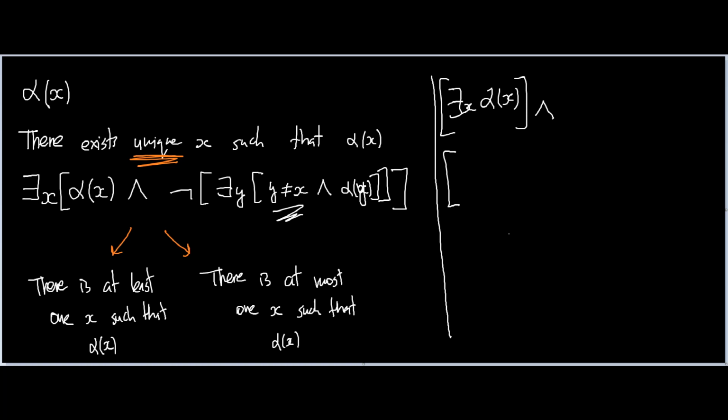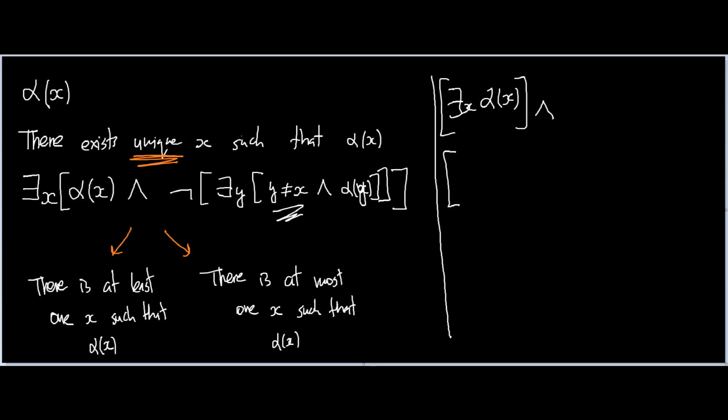The existential quantifier doesn't seem to be applicable here, because we're not really saying that there exists an x at all. We're saying that there is at most one x, it doesn't mean that there is one at all. That part is taken care of by the first part, the one that says there exists at least one. But the second part alone does not guarantee that there is at least one x at all.